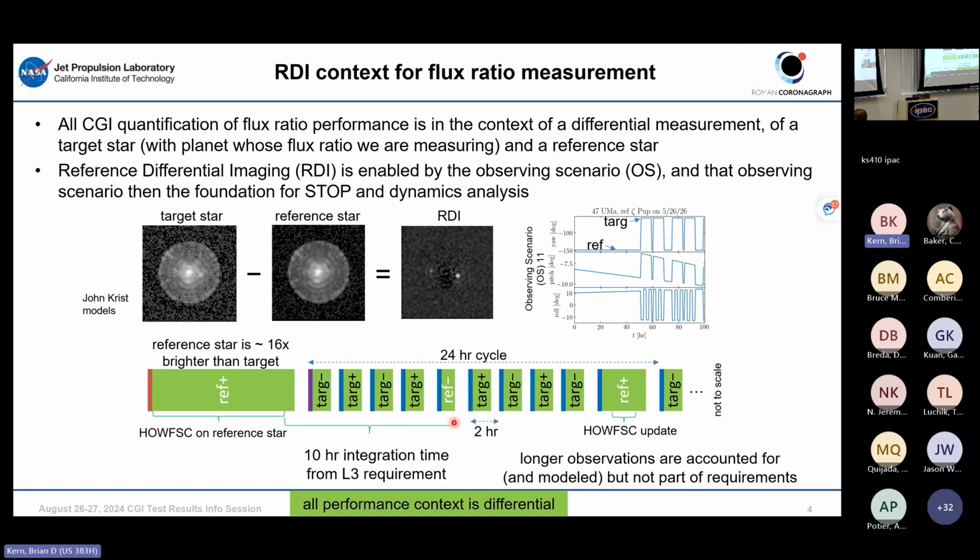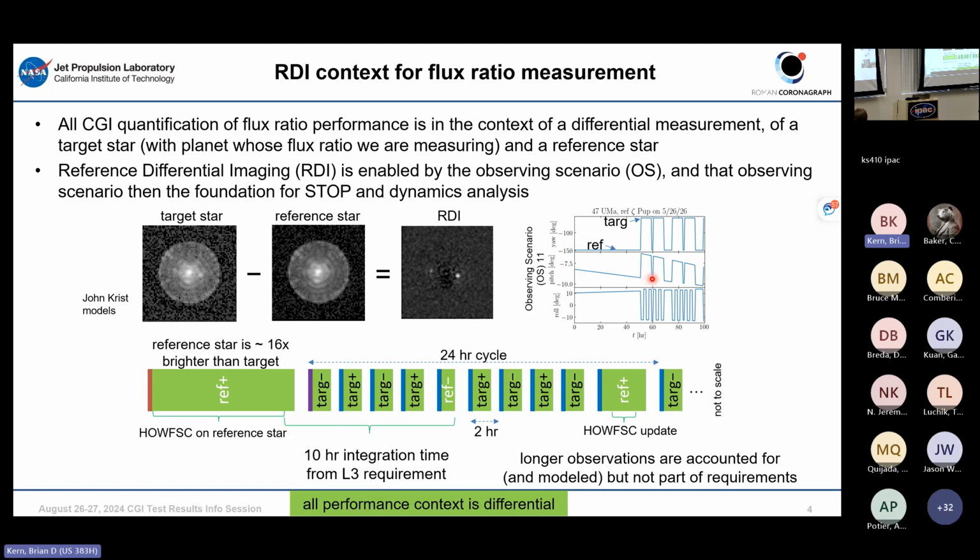So I will say, as a preview to what else can we do outside of the context that we were given as a level 3 requirement, this becomes a modular, cyclical option. We can just keep doing 10-hour measurement after 10-hour measurement as long as we want. The earlier OSs, we would go on for hundreds of hours.